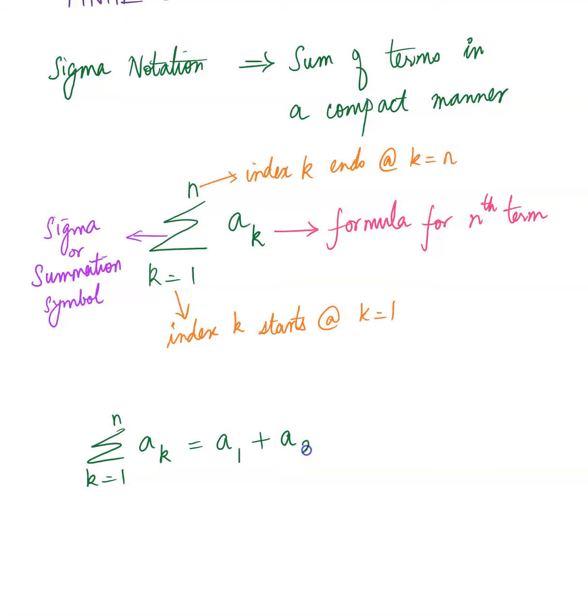So a_2 plus a_3 plus etc. plus a_n. So to add n terms, we have a_1, a_2, a_3 and so on all the way to n, because that's your index. Your k ranges from 1 to n, and it takes all these whole numbers in between.